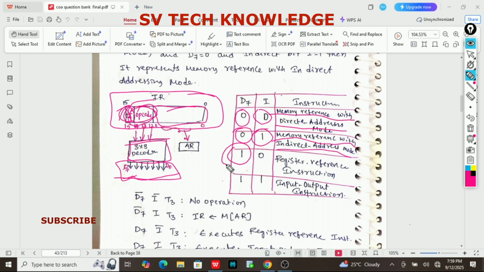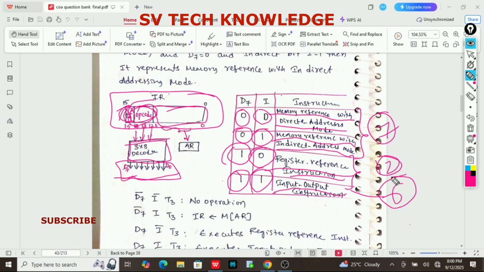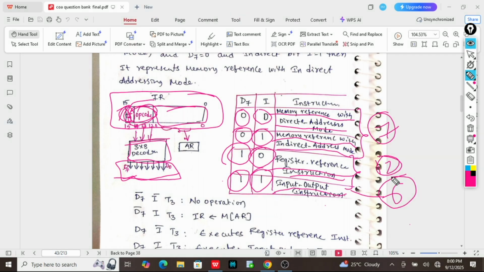If D7 is 1 and I is 0, it is a register reference instruction. If D7 is 1 and I is 1, it is an input output instruction. The total memory reference instructions are 7, register reference instructions are 12, and input output instructions are 6. In the last class we discussed the types of instructions clearly; please see that video in this playlist.